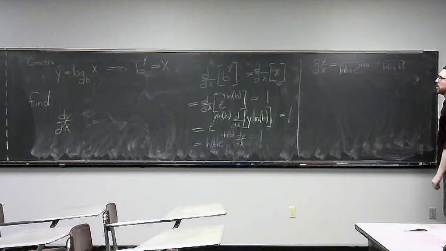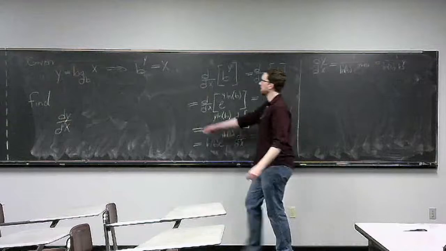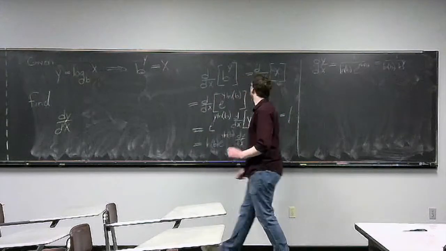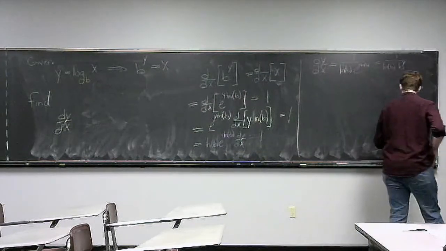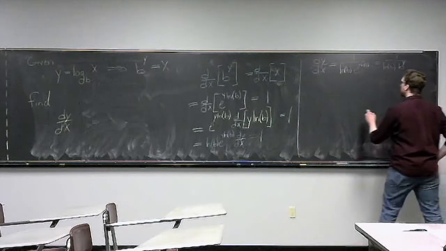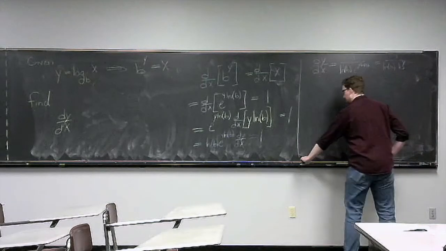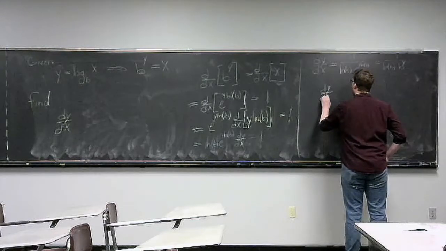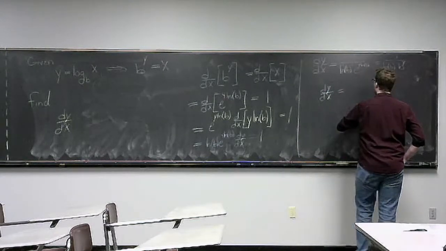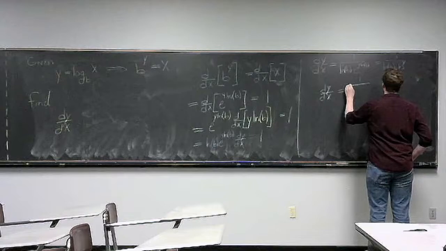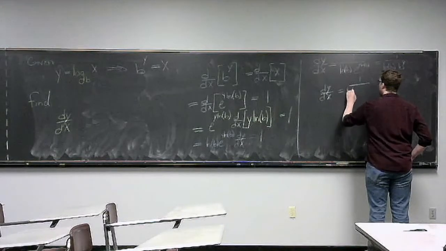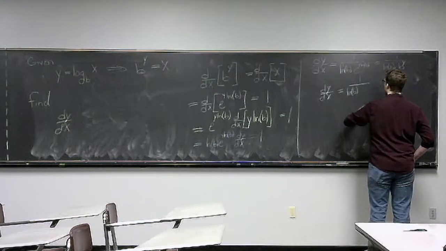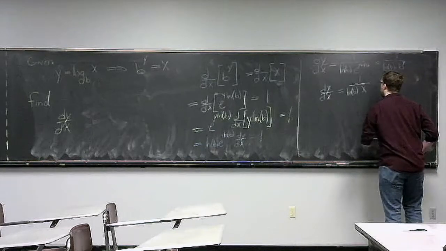But hey, b to the y, we just said was x. So that means then dy dx is equal to 1 over the ln of b times x.